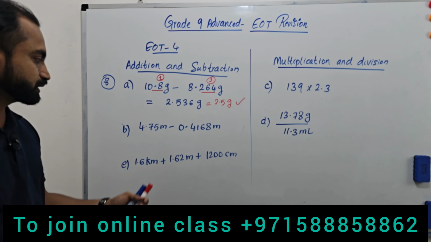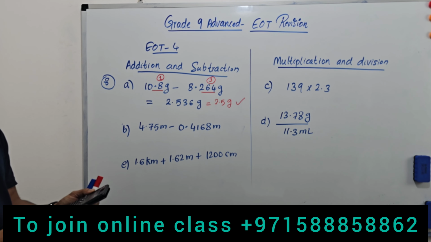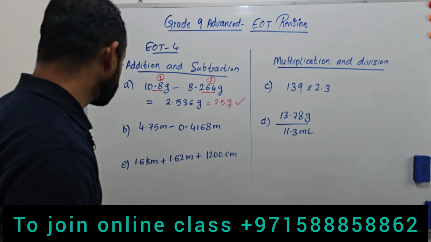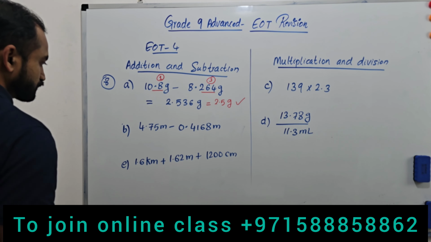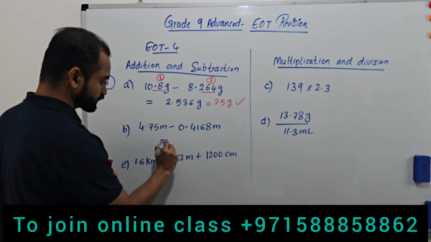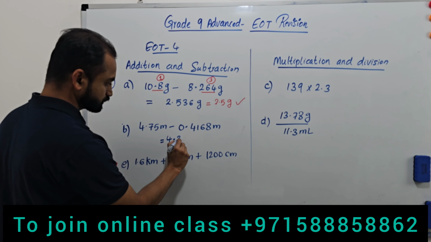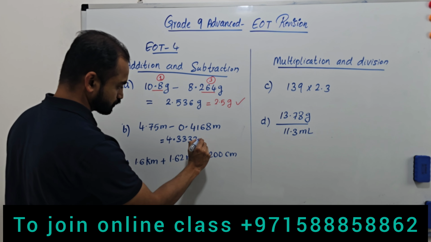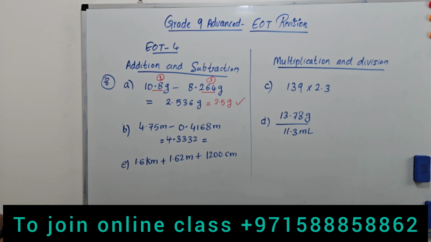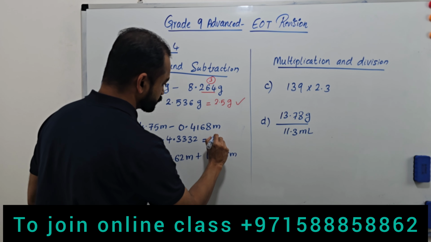What's your answer for B? Have you done the calculation in the calculator? How much did you get? 4.3332. Then what will you do? Would it be 4.33? Very good, 4.33, perfect.